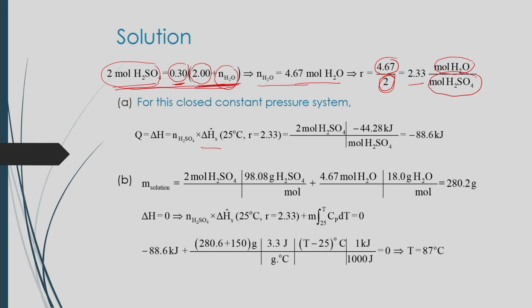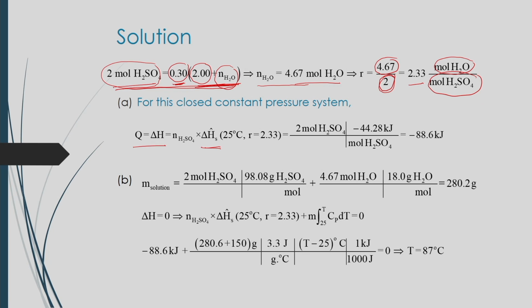there will be no shaft work, no kinetic energy change and no potential energy change here. So finally, the energy balance gives Q equals delta H, that is the enthalpy change. For that solution at its ratio of 2.33, we have delta H S hat, that is the enthalpy change per mole of sulfuric acid.